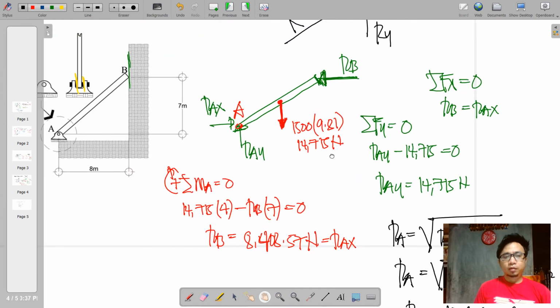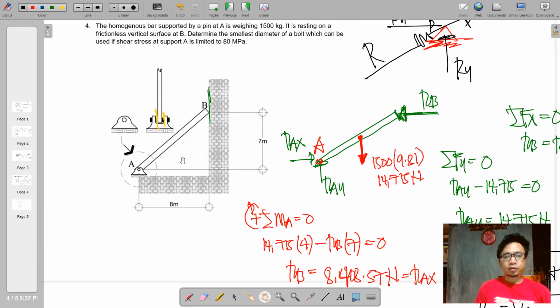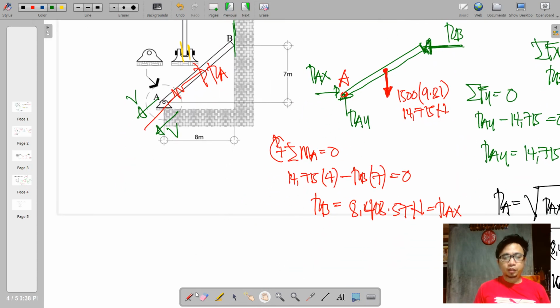So if we are going to have a side view here, say this is your reaction RA, this will cause a double shear, parallel to the force. Hence RA is divided by 2 to get the shear force because we have a double shear.